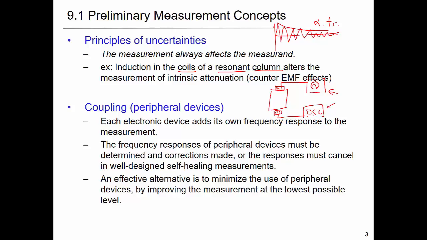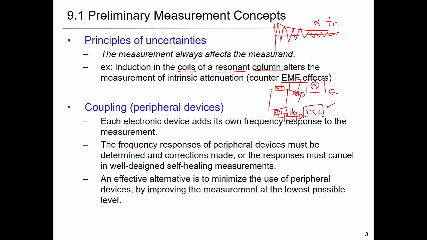So that's called the self-healing system. Another effective alternative is to minimize the use of the peripheral devices. People want to increase the signal voltage, so they put in an amplifier, or a filter, or maybe an op-amp, some other electronic devices, right?